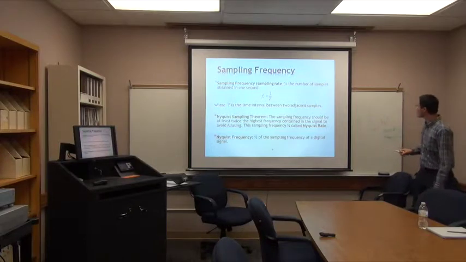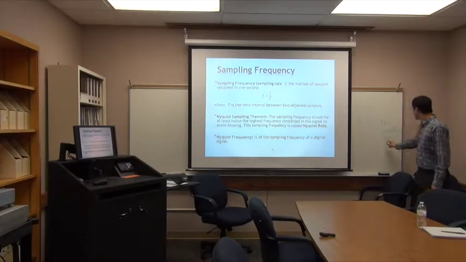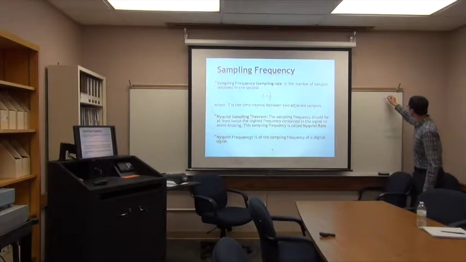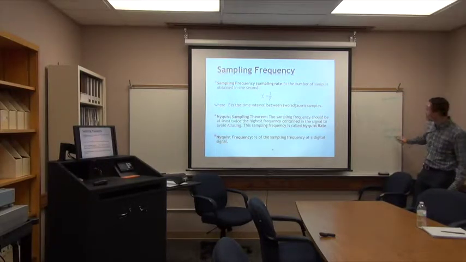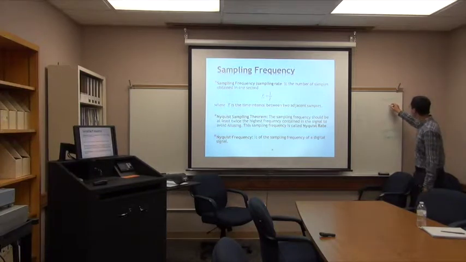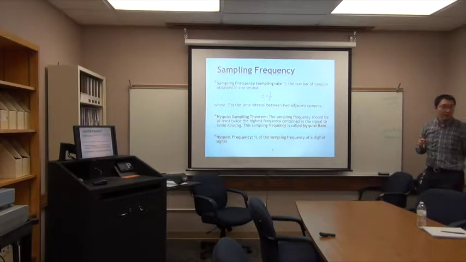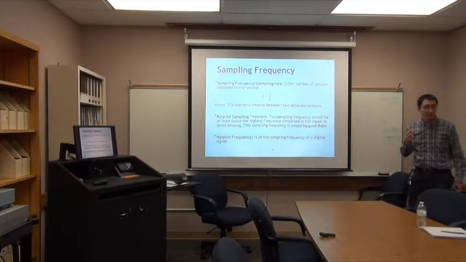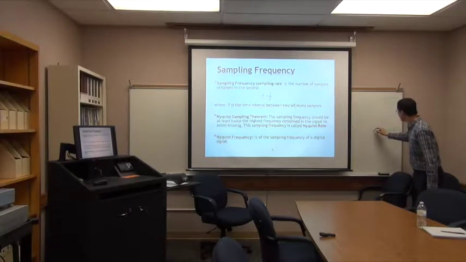Okay? So let's think about this. If we use a sampling rate of 2 times the frequency of the signal, we have 2 hertz. At this time, we're taking 2 points per second, which is this point and this point.